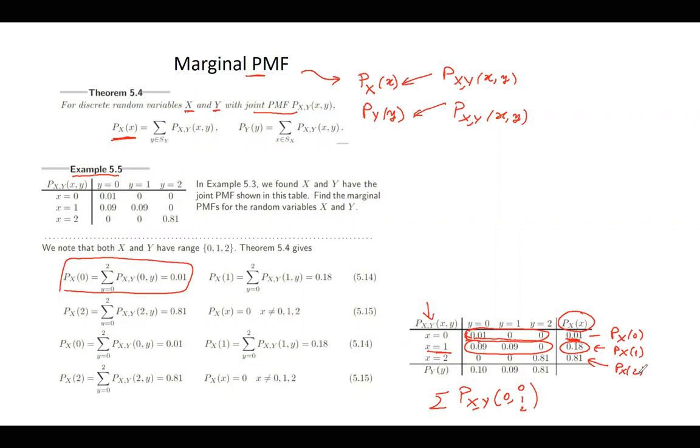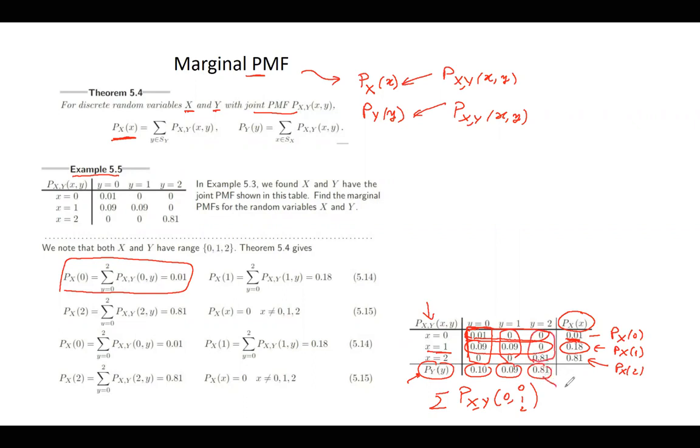Okay, similarly, we can get Py of y, and this is the summation of the first column. This is the summation of the second column, and this is the summation of the third column.